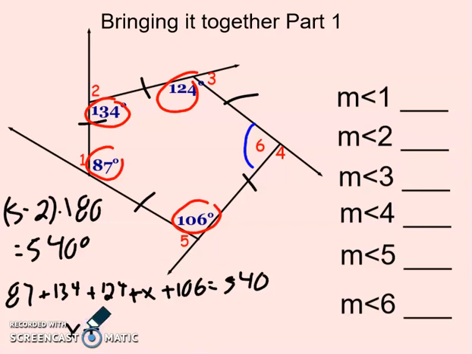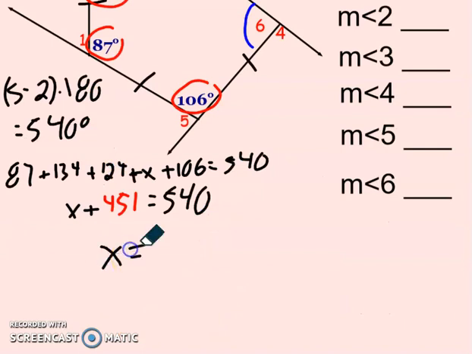I can do 87 plus 134 plus 124 plus 106, and we get 451. And that's still equal to 540. And now to solve for x here, we have to subtract 451 from both sides. So we get that x is going to be equal to 540 minus 451, which is 89 degrees. So we know that the measure of angle 6 is now 89 degrees.